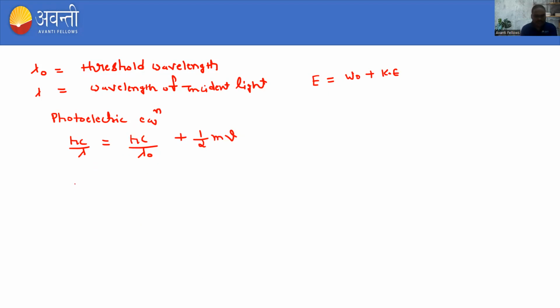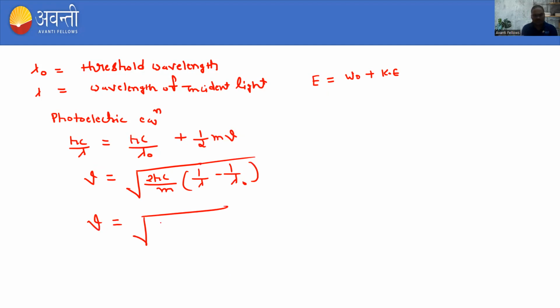So on calculating the velocity v, v comes out to be under root 2hc upon m, and this is 1 upon lambda minus 1 upon lambda naught, right? So on further solving, you get 2hc upon m into lambda naught minus lambda upon lambda into lambda naught.